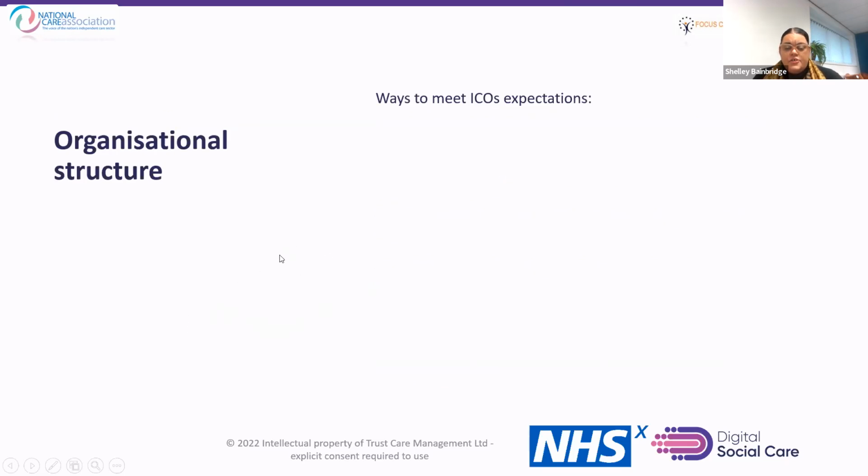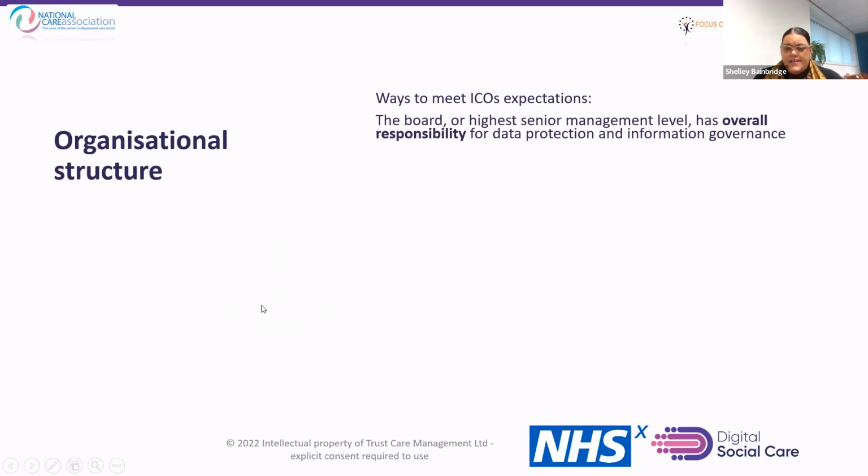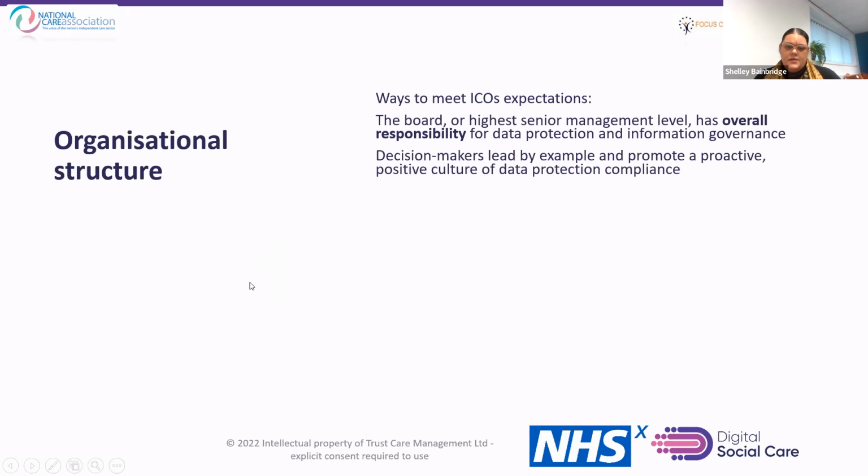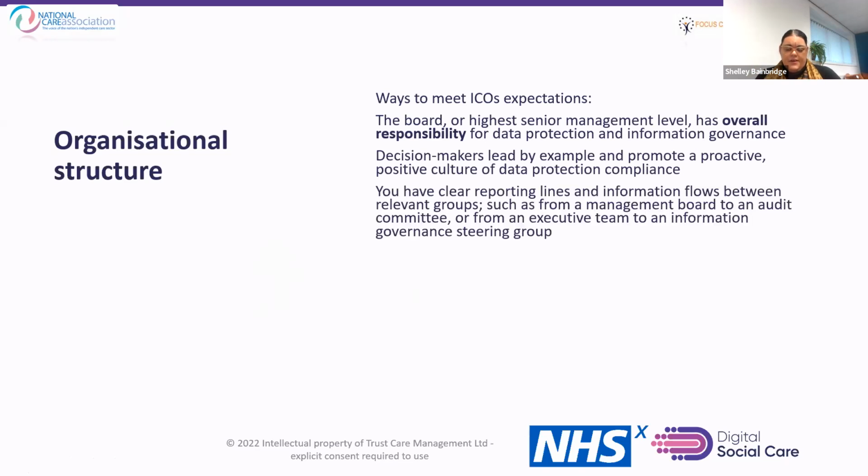So, the organisational structure: ways to meet the ICO's expectations. The board or the highest senior management level has overall responsibility for data protection and information governance. Decision makers lead by example and promote a proactive, positive culture of data protection compliance.